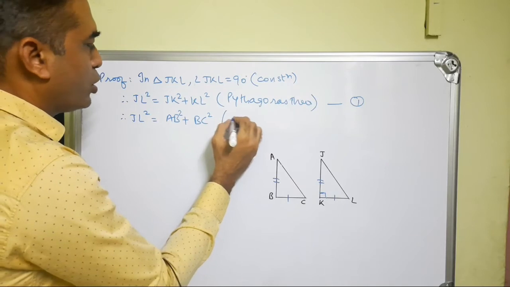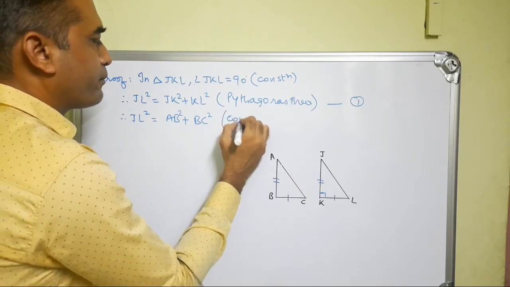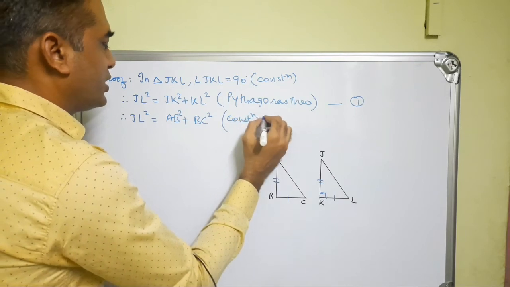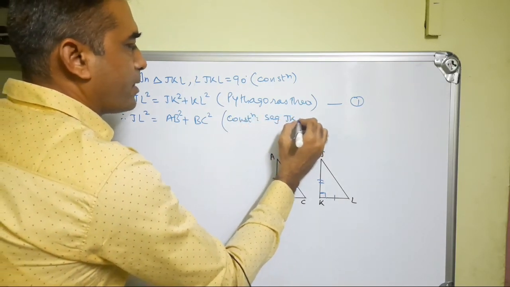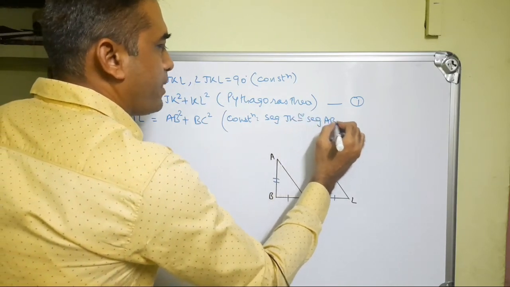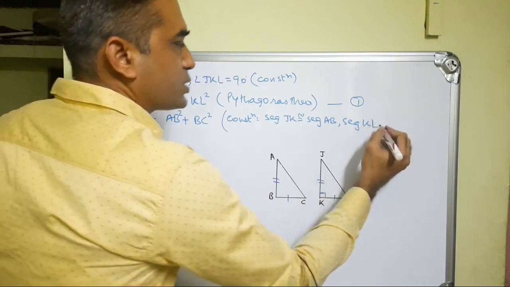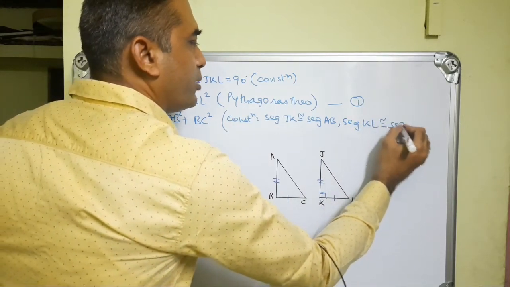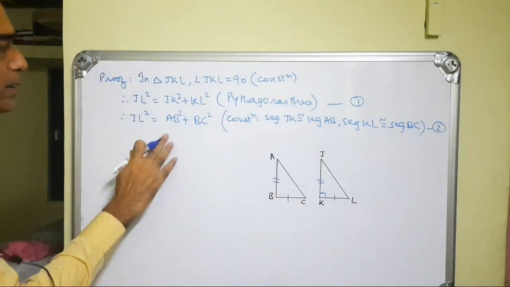Reason: because we have done the construction that segment JK is congruent to segment AB and segment KL is congruent to segment BC. This we have done in the construction.